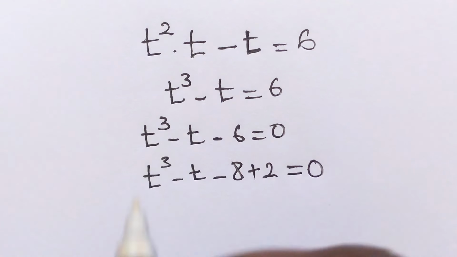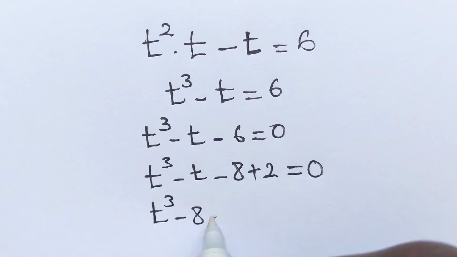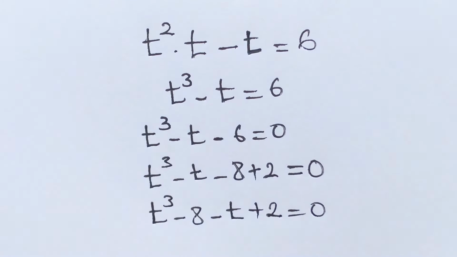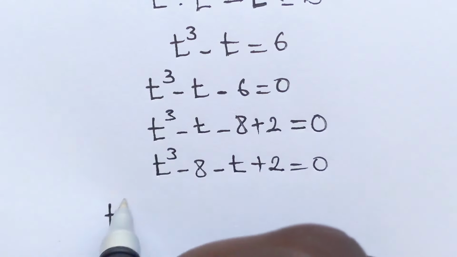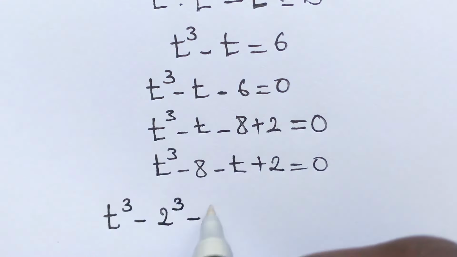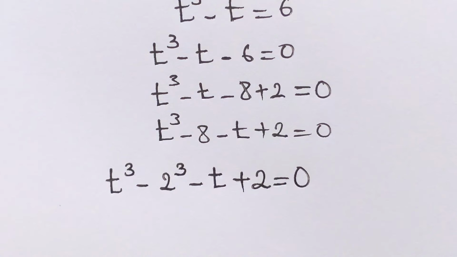At this stage, we shall group: t power 3 minus 8 minus t plus 2 equals 0. Here we have t power 3 minus 2 power 3 minus t plus 2 equals 0.